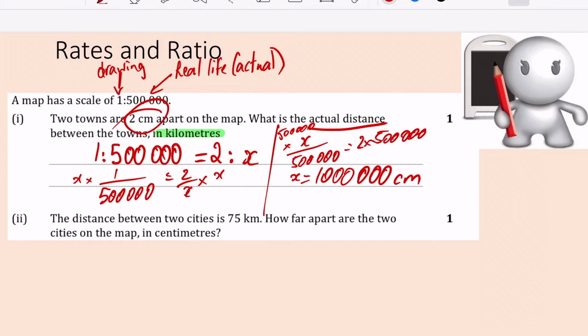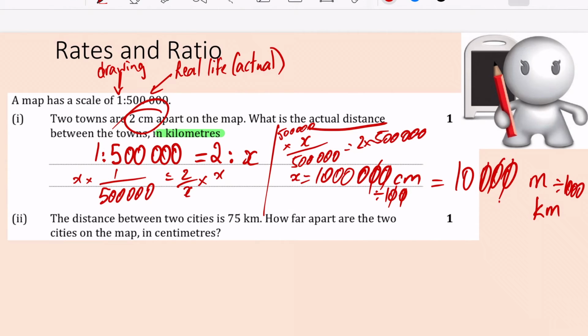So first we change that to meters. We divide by 100, which means knocking off 2 zeros, giving us 10,000 meters. Then from meters to kilometers, we divide by 1,000, so we knock off 3 zeros this time. The answer is 10 kilometers.